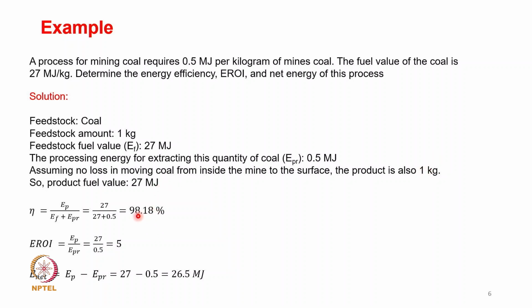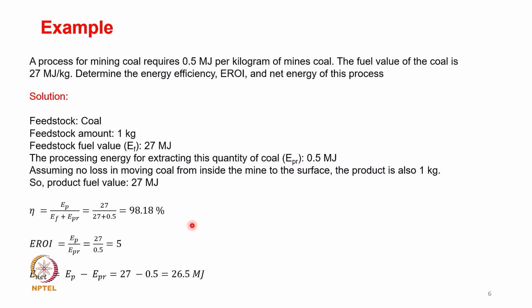Now if you compute the efficiency, which is of course EP by EF, that is EP by EP plus ER, which is 27 divided by 27 plus 0.5, which would be just above 98%. And EROI, which is defined as the ratio of EP by ER, is 27 divided by 0.5.